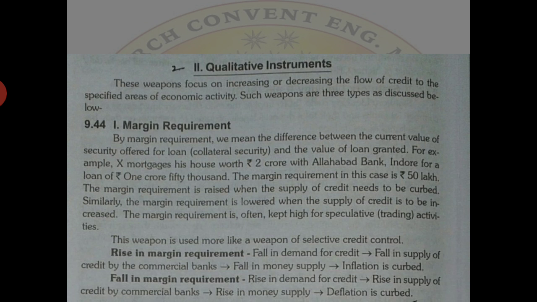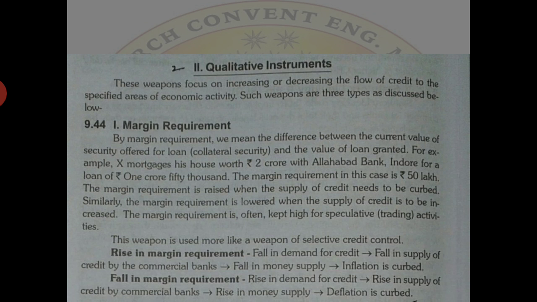So when a person seeks a loan against collateral security from a commercial bank, then it is valued by the valuer of the bank, and 100% amount of the mortgaged assets is not given as loan.